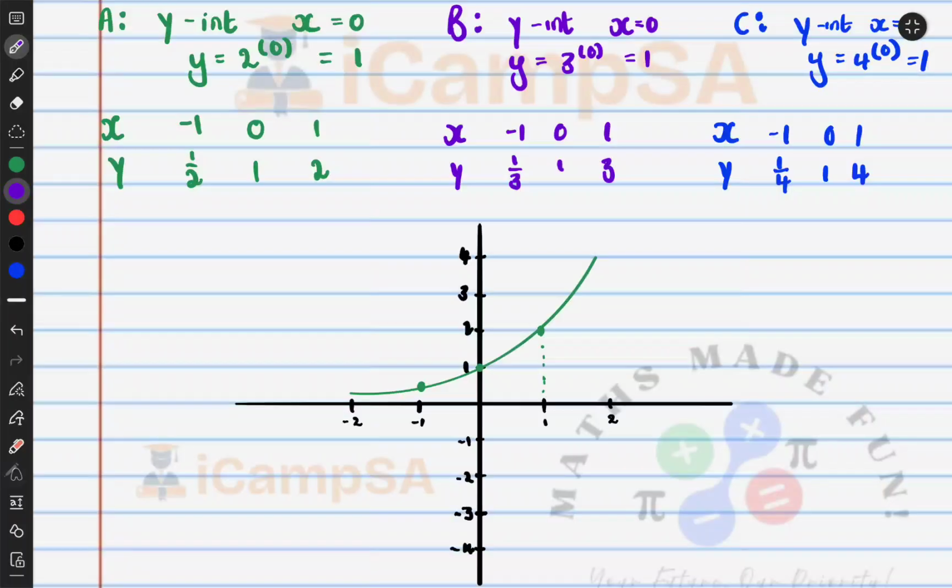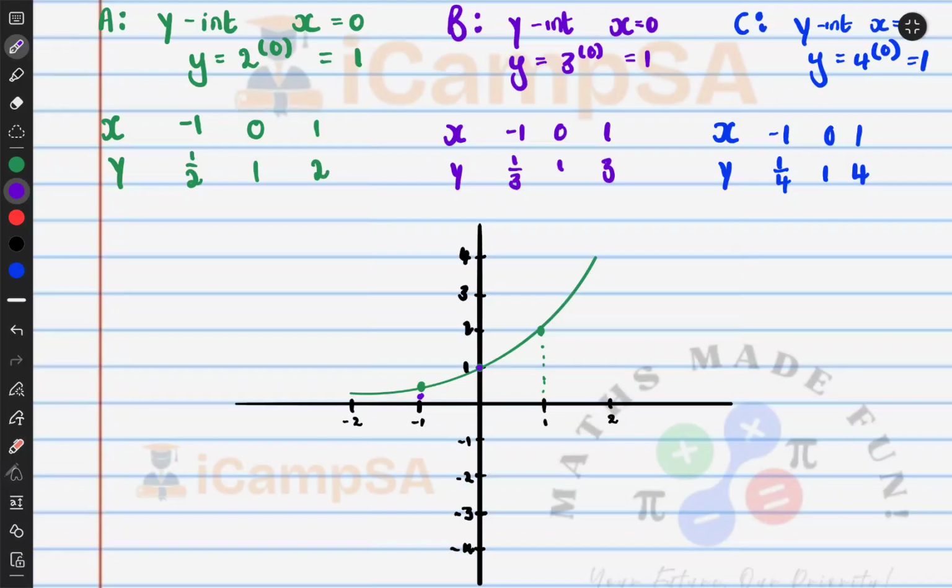Then let's go ahead and sketch the following function. Where x is equal to -1, y is 1/3, which is less than 1/2, so it will be below this because it's like 0.3.